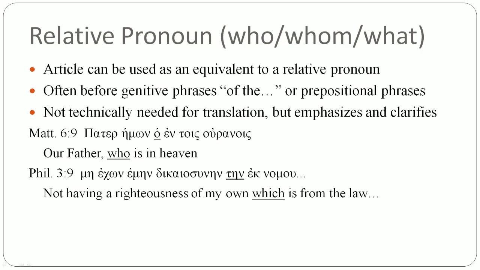It's much smoother and nicer to just translate a relative pronoun there. So the article can be used as a relative pronoun. I believe that the article actually started out as a pronoun form, but then it got shortened and became used as this article.